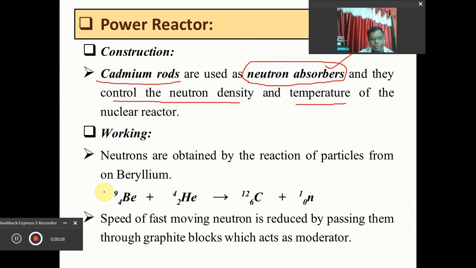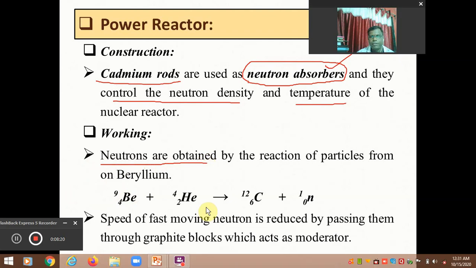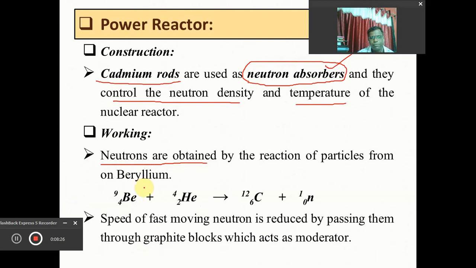Initially the neutrons are obtained, because neutrons are the particles used to bombard the target, so that the target will be converted into a new daughter nucleus. In this case, these neutrons are obtained in this reaction, and these neutrons will be used for nuclear fission, and we will obtain the energy.